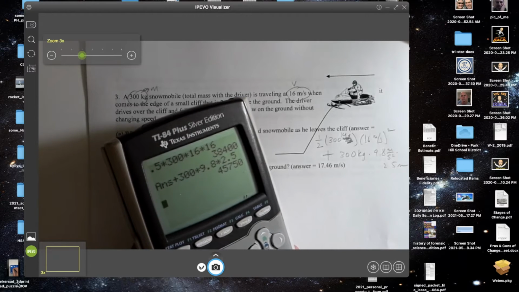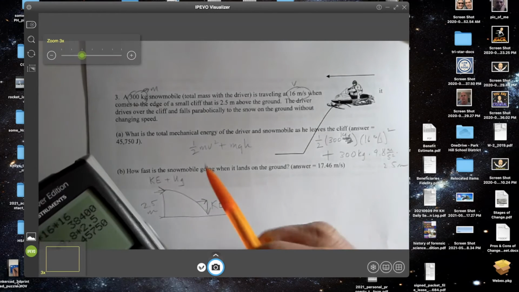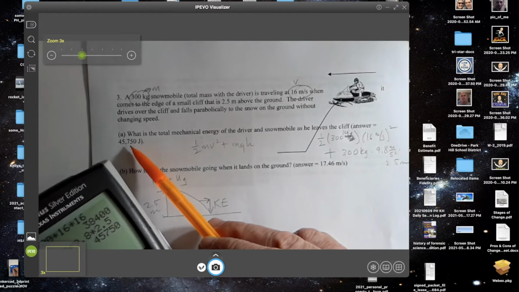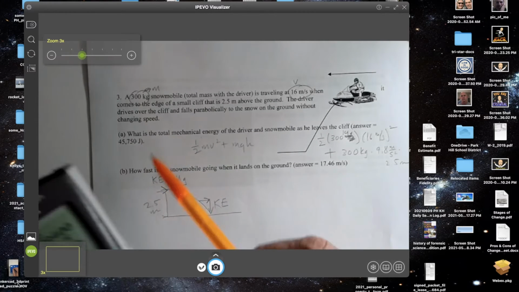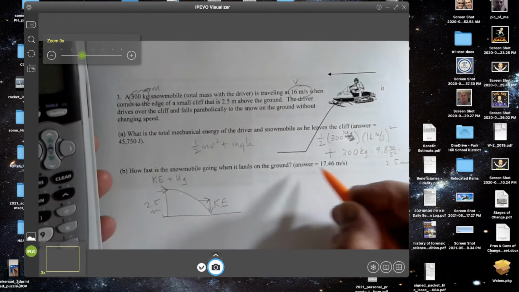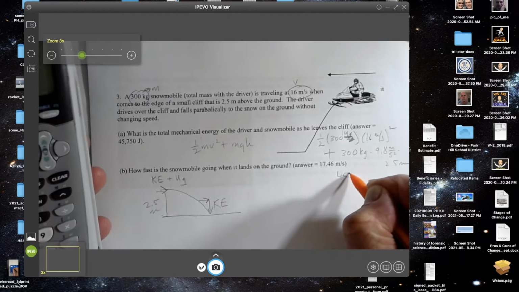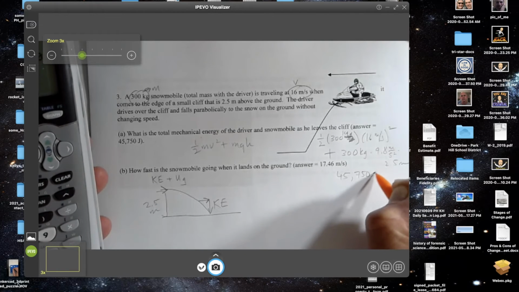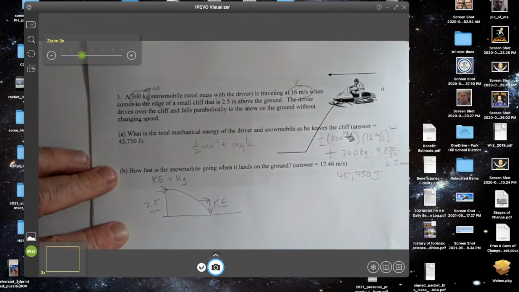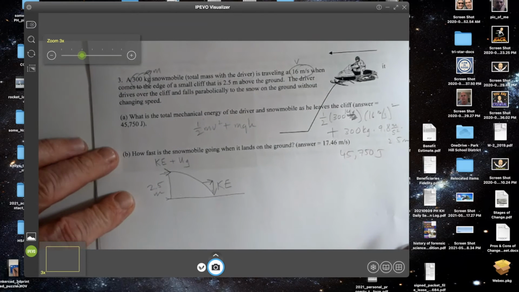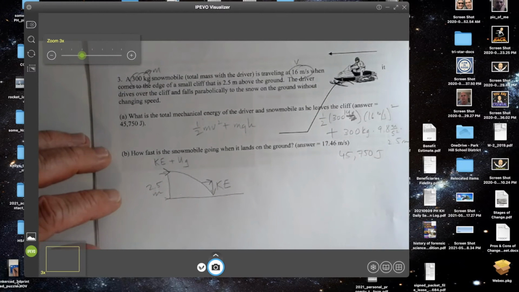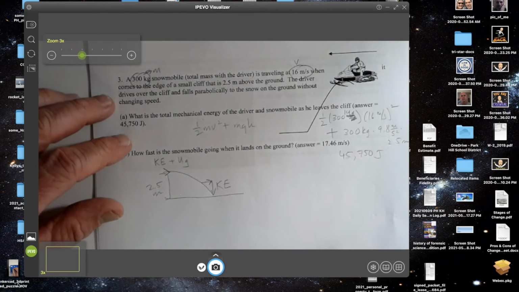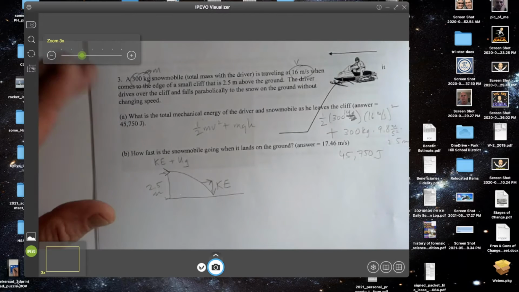We'll add up all that, and that becomes the total mechanical energy, 45,750. Now we know then that the snowmobile will have that same amount of energy throughout that trajectory, as long as we neglect any sort of air resistance, any sort of dissipative effects.